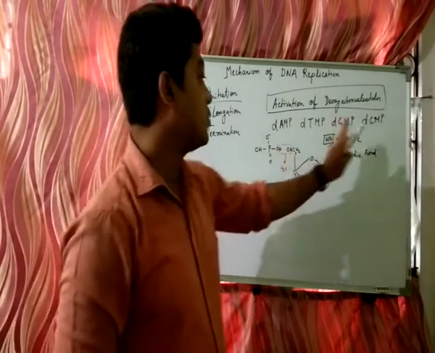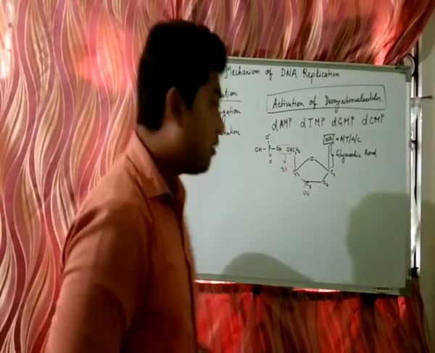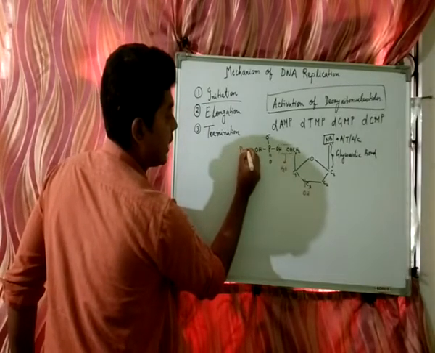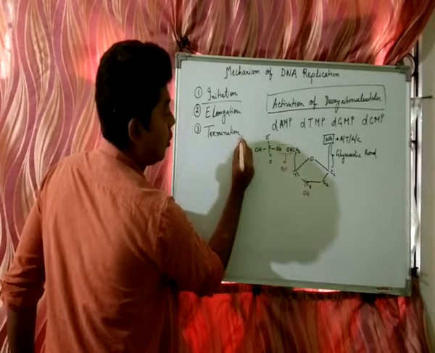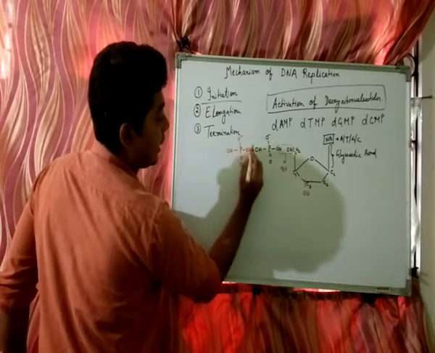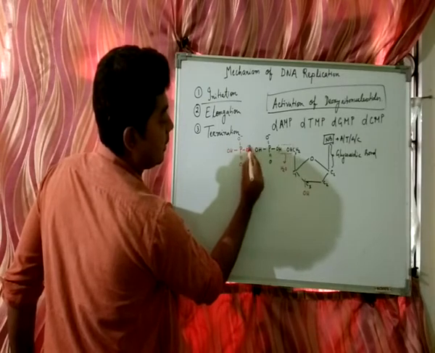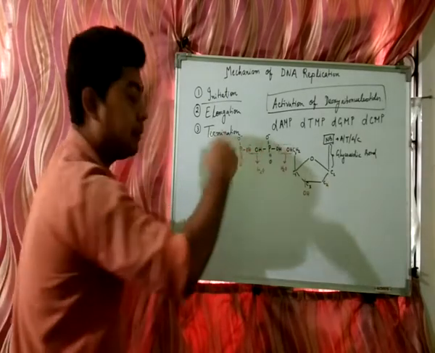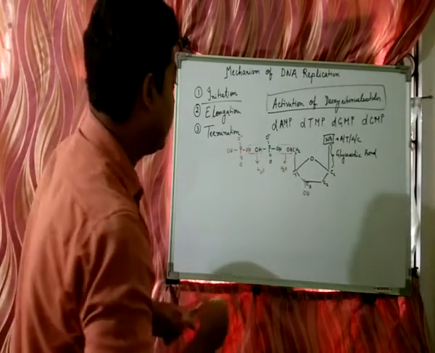Now it is called a monophosphate. If another phosphate is joined, again OH, O minus, O, OH, in the same way it releases a water molecule and becomes a diphosphate.